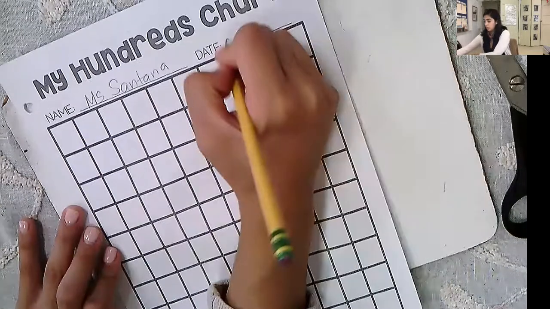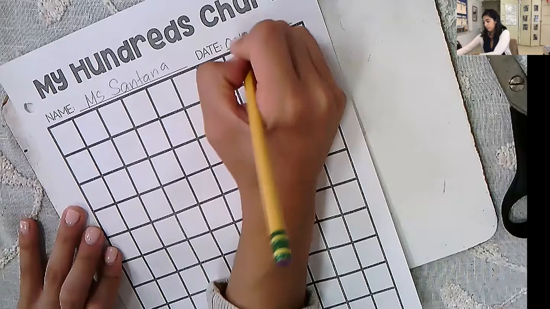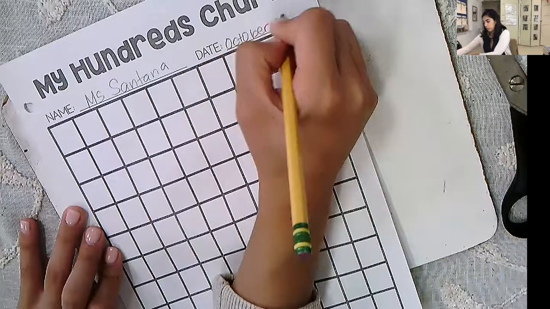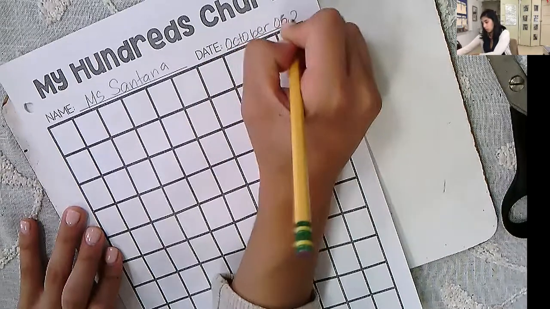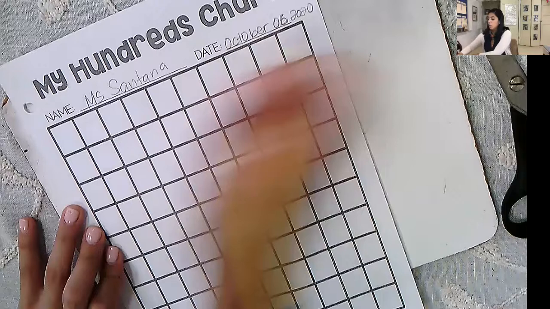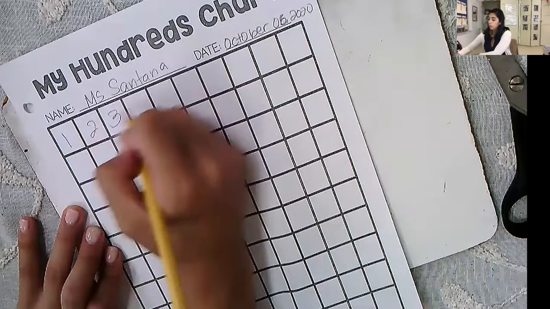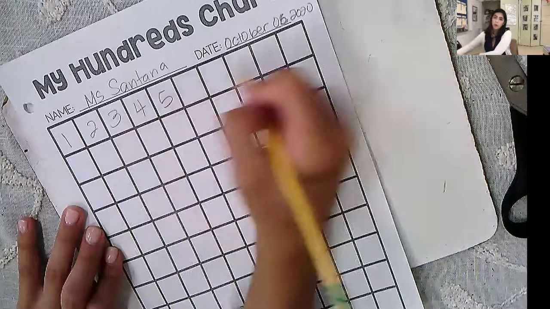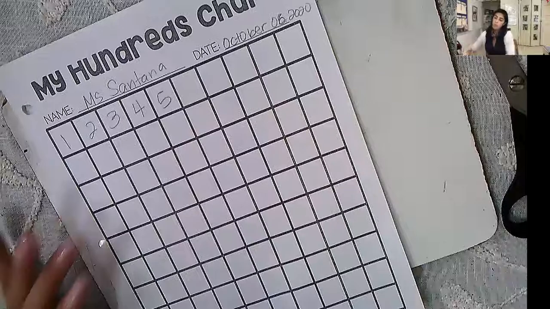And the date is October 6th, 2020. 1, 2, 3, 4, 5, and then I'm going to write it all the way to 100. Okay? That's all you have for today.